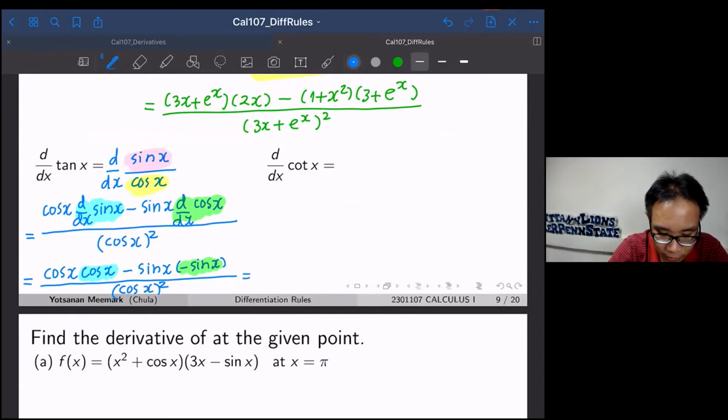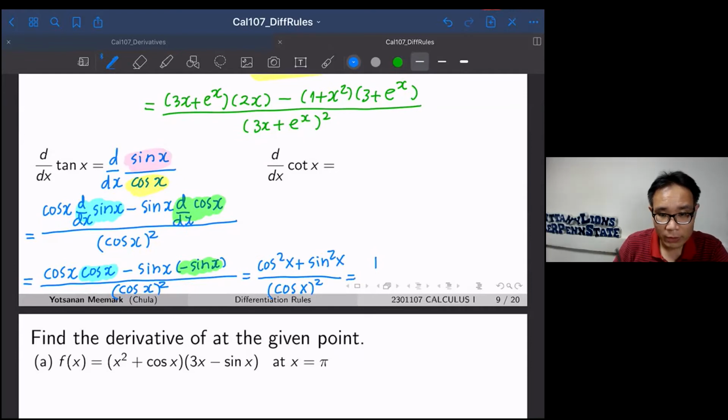So in this case, you would get cos square x, minus becomes plus sine square x, over cos x square. So it's going to be cos x square, and this one will become 1, right?